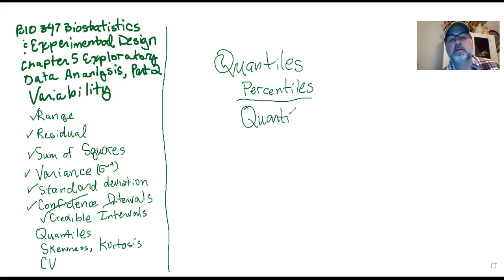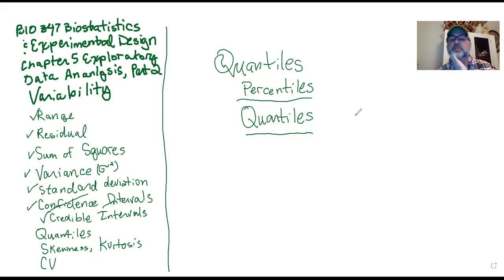And then there are quartiles. Percentiles and quartiles are handy when you're talking about large numbers. And you just want to know something like, where does a particular observation lie?